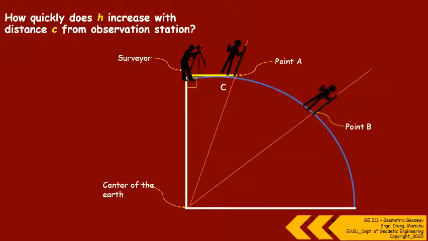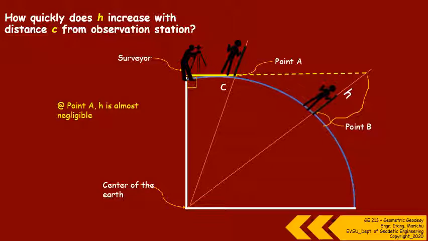What will happen to the curvature? Imagine, the curvature becomes very large. The curvature is the value of h, from the foot of the observer up to the point above. This will be the value of h.